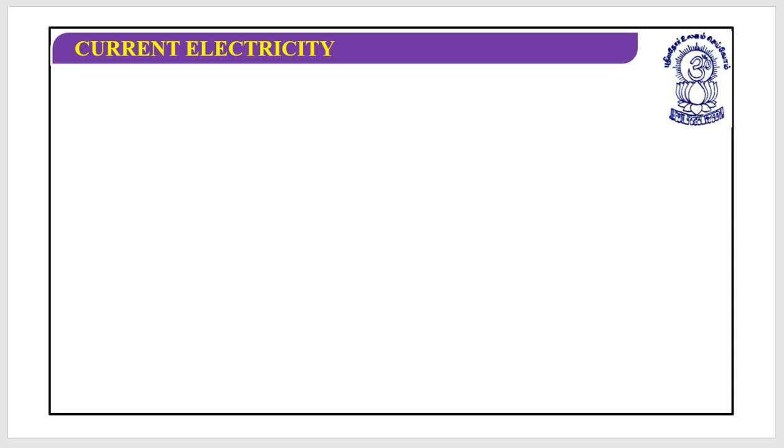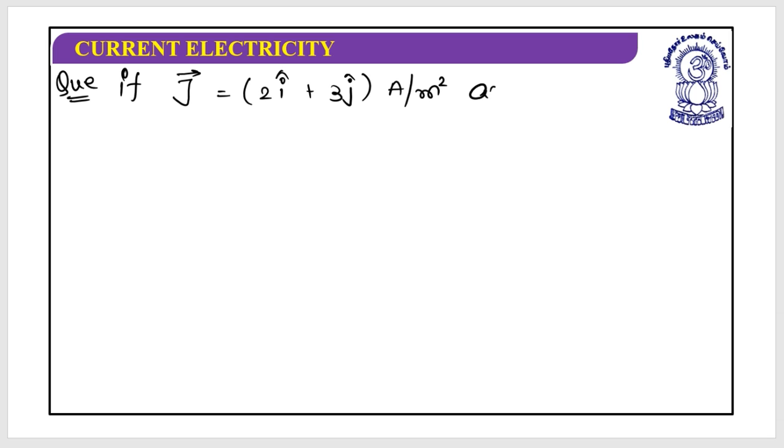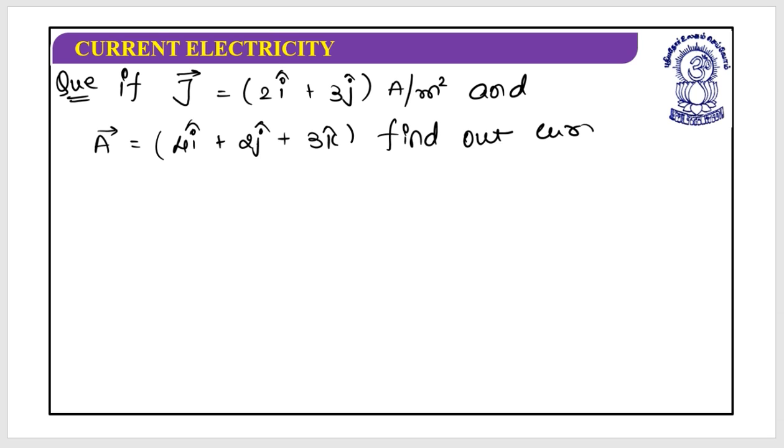Let's begin with certain questions. If J equals 2I plus 3J cap, in ampere per meter square, and the area vector of a conductor is 4I cap plus 2J cap plus 3K cap, find out the current flowing through the conductor.